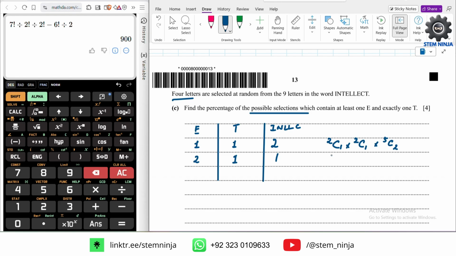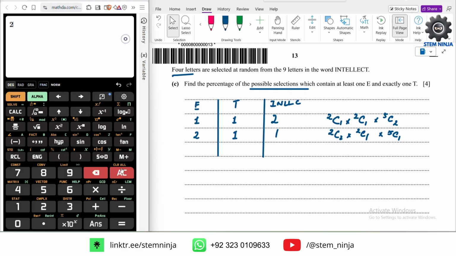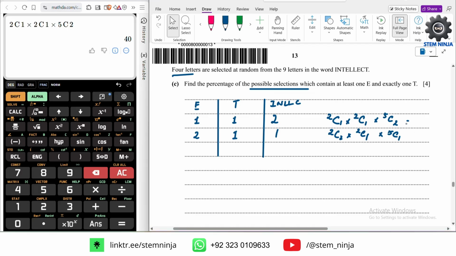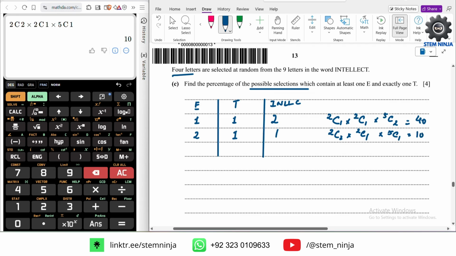Then you have 2C2, 2C1, 5C1. Right, okay, now we just need to add them. 2C1 times by 2C1 times by 5C2, this is 40. And 2C2, 2C1, 5C1, 10. Okay.